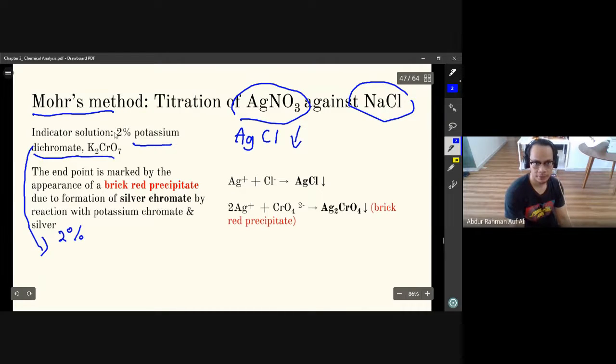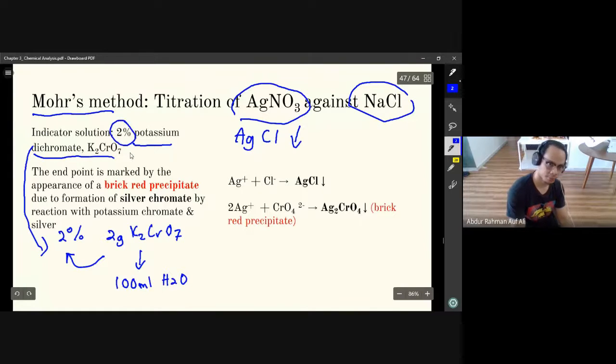Kalau kamu nak prepare this indicator solution, kamu timbang 2 gram of K2CrO7 and then you dissolve in 100 milliliter of solvent, usually water. So you have 2% potassium dichromate solution. So this 2% here is an expression of concentration juga. Cara kita nak express kepekatan sesuatu larutan.